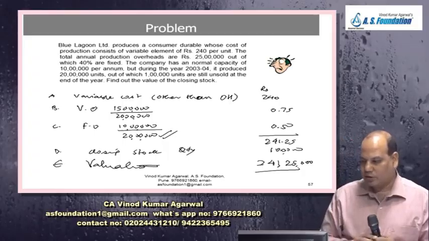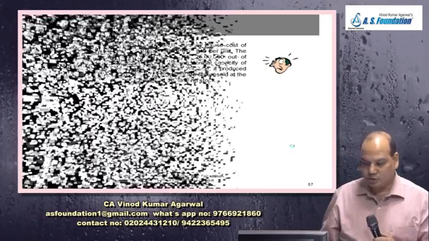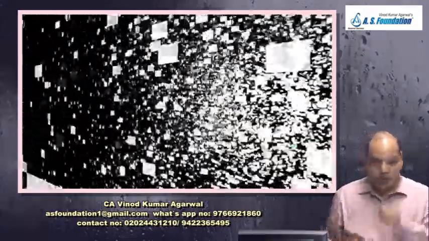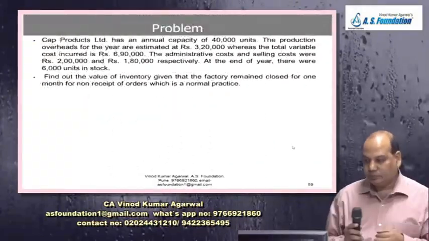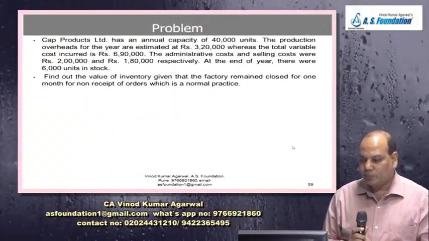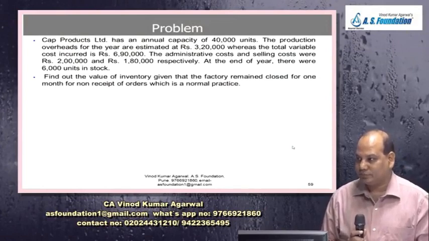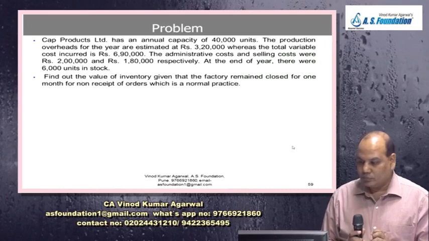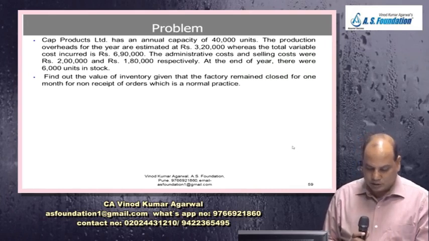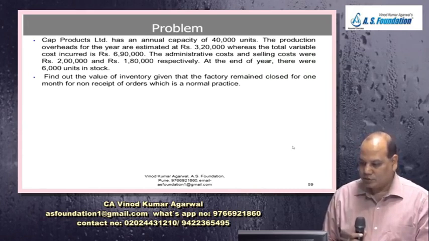Okay, one more I will take. Then you can solve the other questions. Cap Products Limited has an annual capacity of 40,000 units. The production overheads for the year are estimated at 3,20,000, whereas total variable cost incurred is 6,90,000.